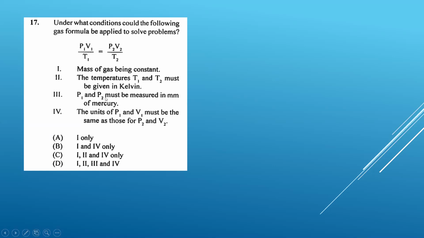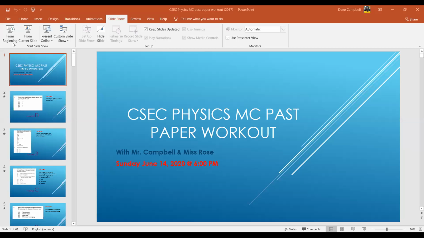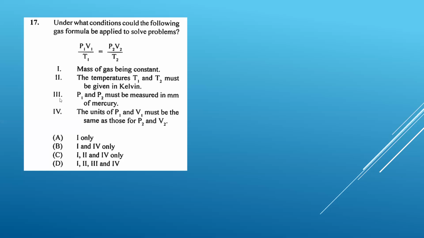The pressure and volume measurements can be in any unit. So 3 is out. 4, the units of P1 and V1. All right, so 1, 2, and 4 are correct. The answer should be C.